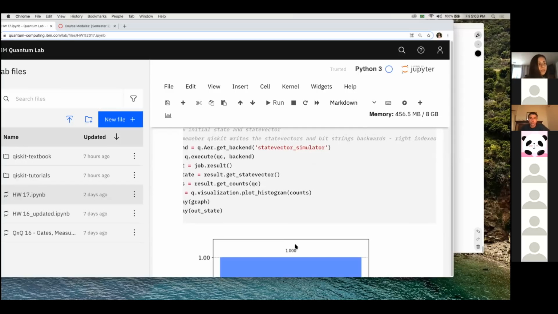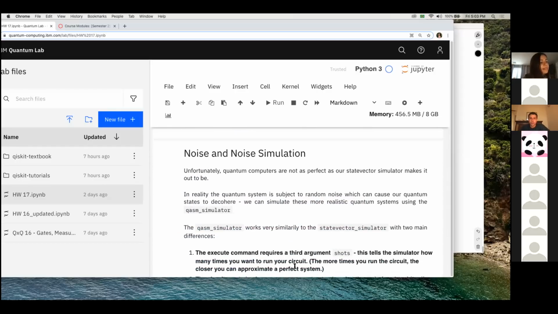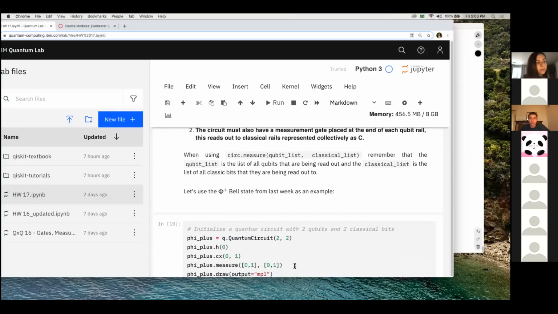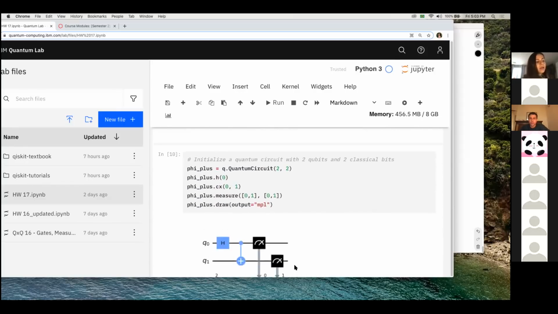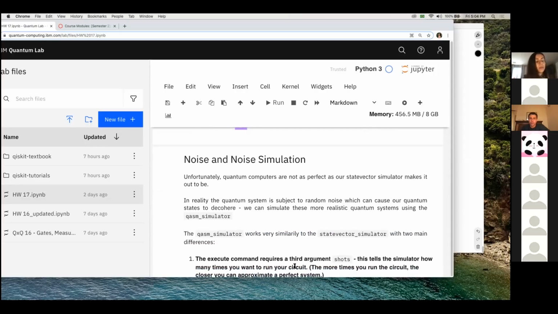But the QxQ simulator is a simulator that makes our classical computer work as if it were a quantum computer. So it's a simulator. It's not a quantum computer yet. It's just a simulation, okay?